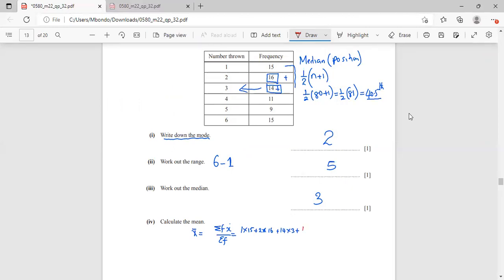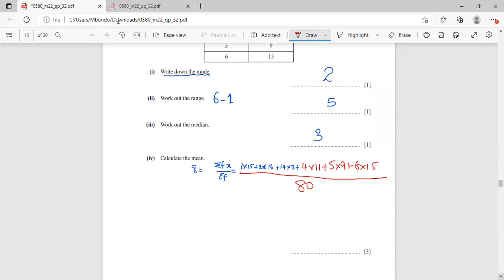Then we have 4 multiplied by 11 plus 5 multiplied by 9 plus 6 multiplied by 15. Then divided by the summation of f, which is 80. That's what we have to do here.